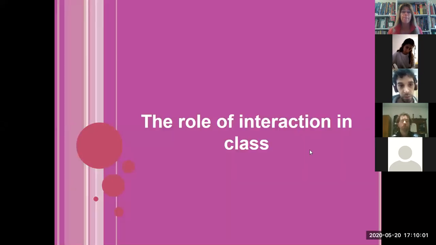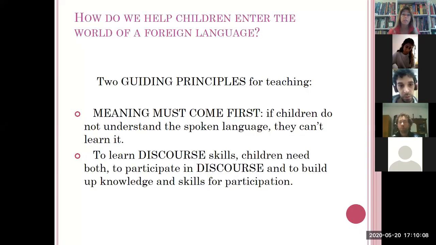So, as I said before, we are going to discuss the role of interaction in the class. There are two guiding principles, right? And this has to do with our theory, what we believe language is. So first of all, meaning must come first. If children do not understand the spoken language, they can't learn it.